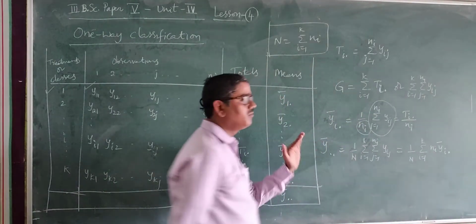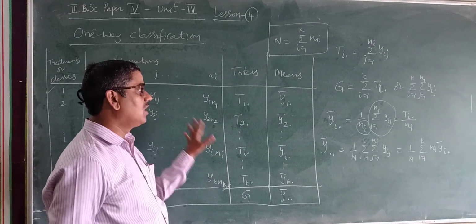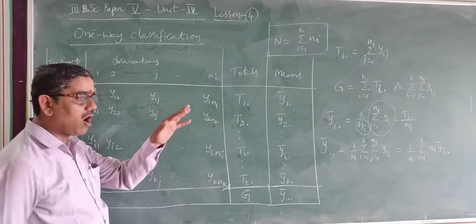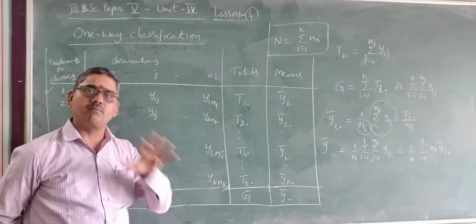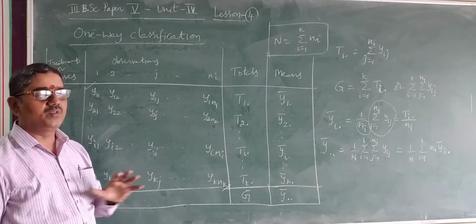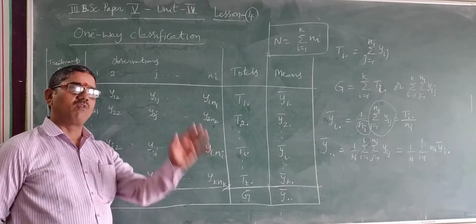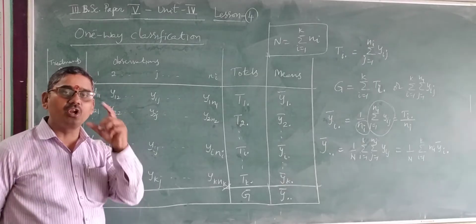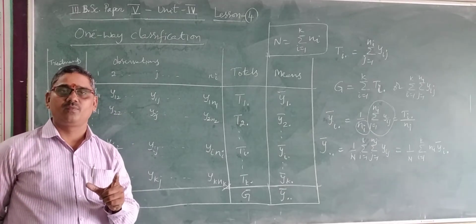So these are some formulas in this one-way classified data. First, what you have to remember and recognize is that one-way classified data is divided into k classes according to one particular factor.